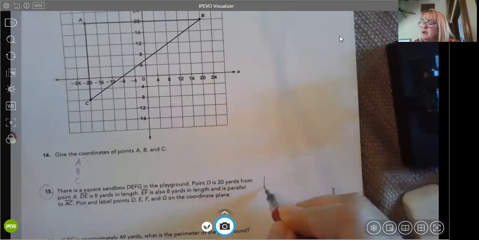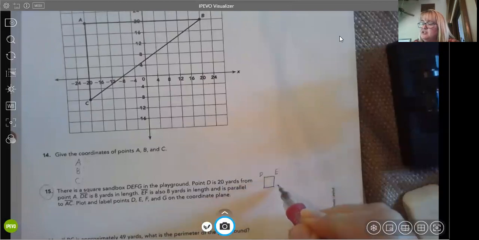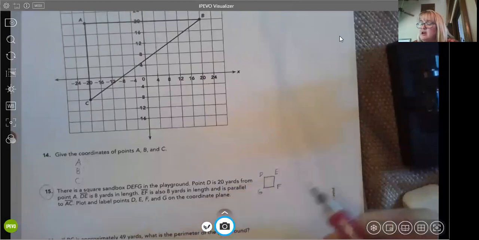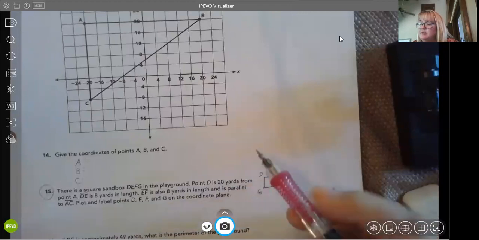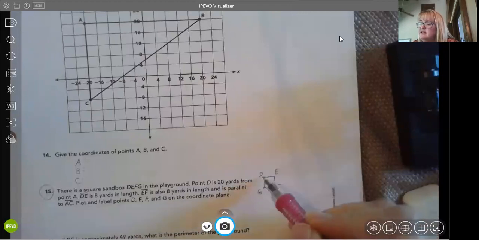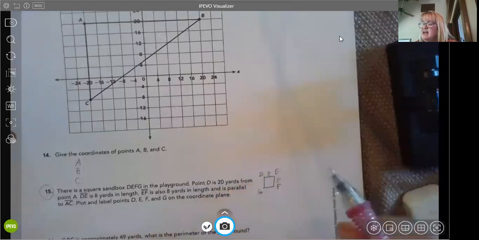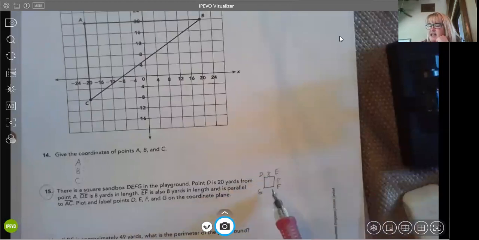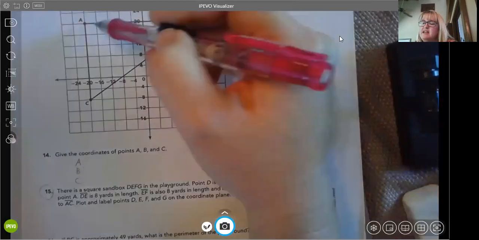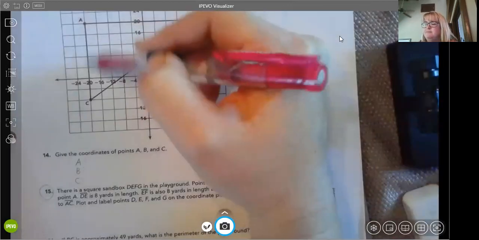You've got this square sandbox, and it's DEFG. And we know that D is 20 yards from A, DE is 8 yards, EF is 8 yards, and EF is parallel to AC. So that means EF needs to go in this direction.